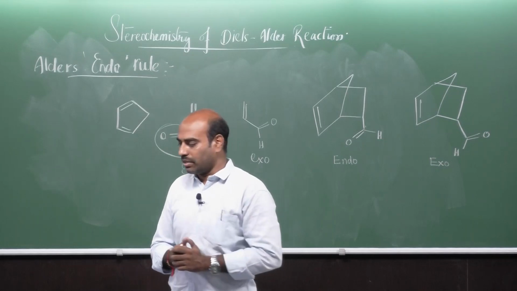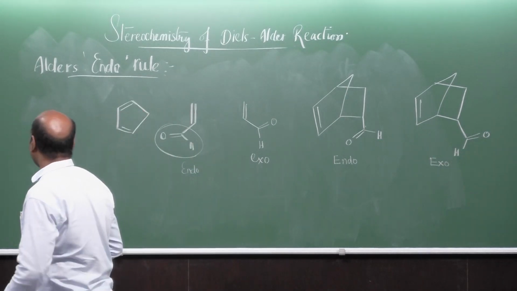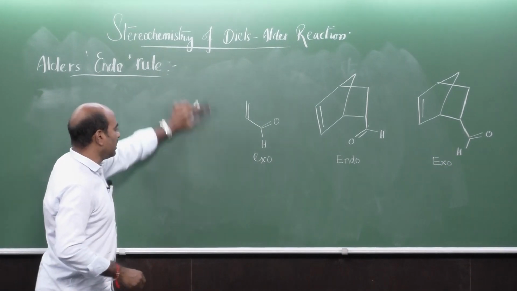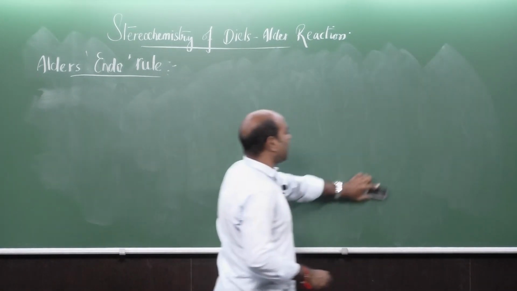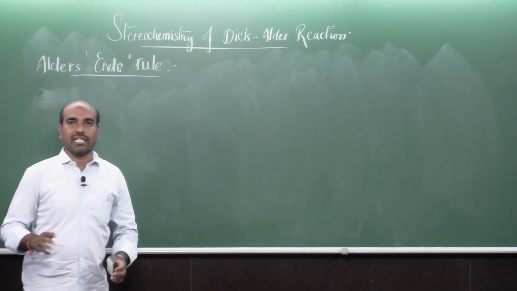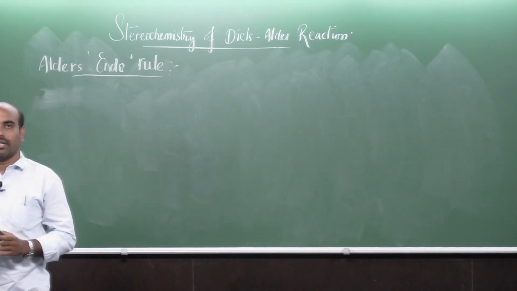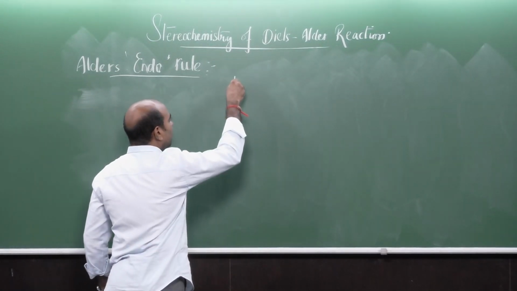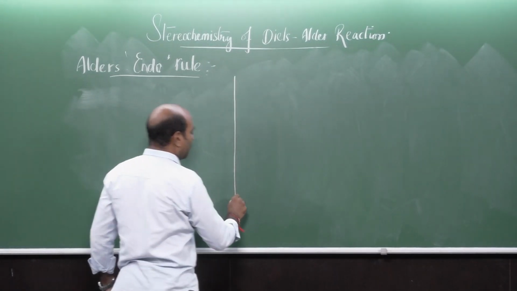So to justify this, first of all, we have to see the reaction energy profile for this reaction. Any cycloaddition reaction or any pericyclic reaction has to pass through a cyclic transition state, right.